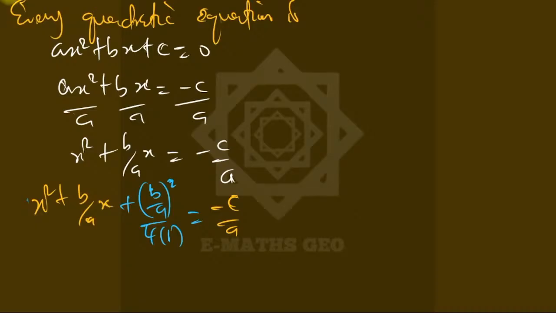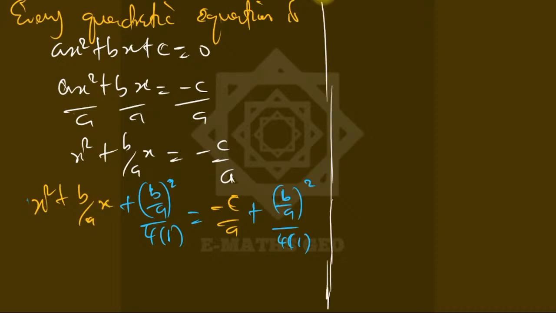We added this with a motive, so we still add the same expression to the right-hand side, so the equation doesn't change. Now you've observed that this left-hand side is a perfect square because we've added something. Instead of using all this, I will replace it with a perfect square.